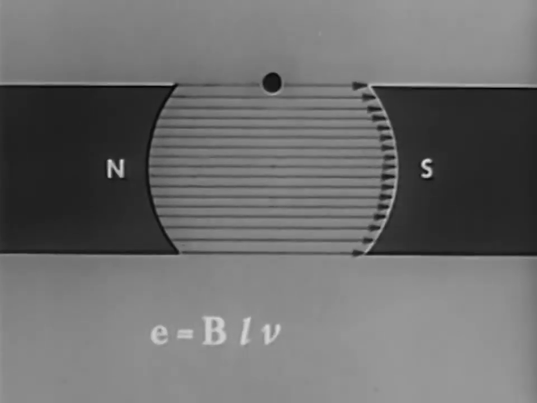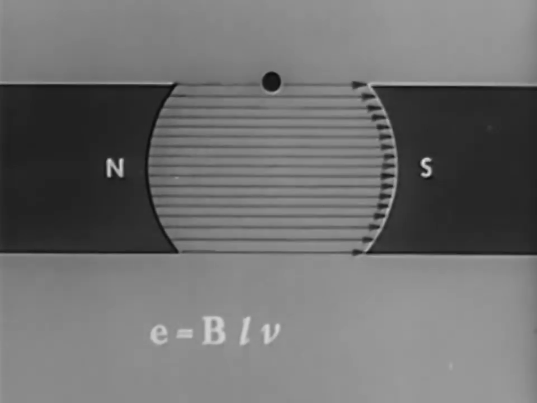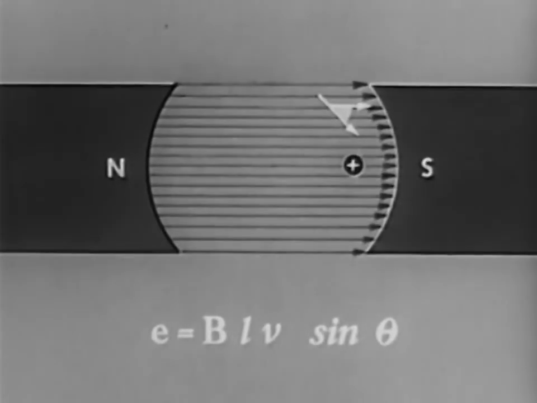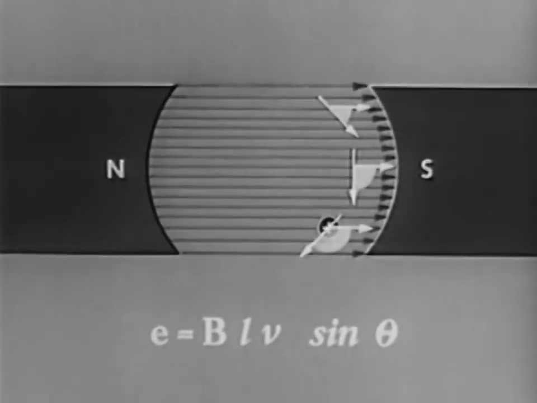But because the movement of the conductor in the field is actually circular, we must also multiply with a sine of the angle formed by the lines of force and motion of the conductor in order to arrive at the EMF.